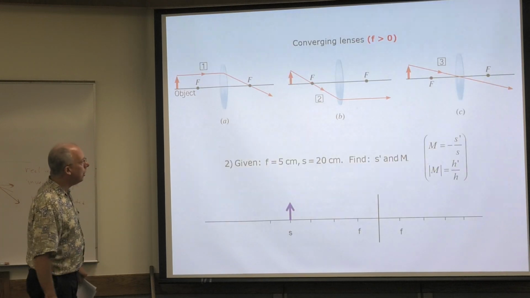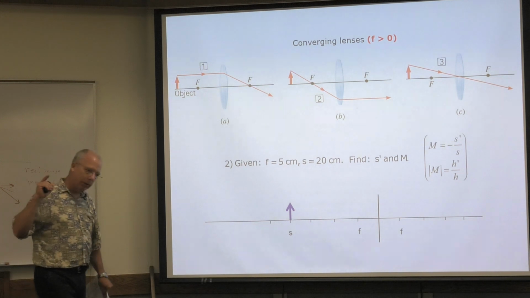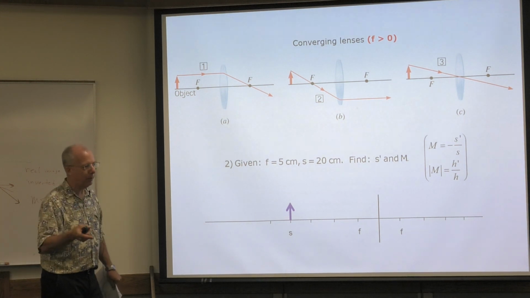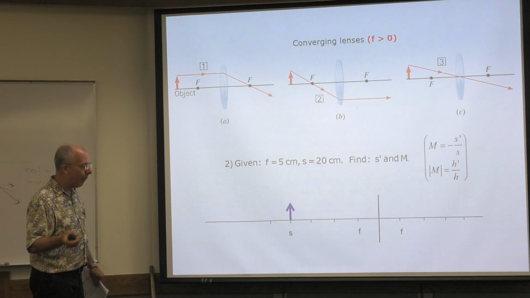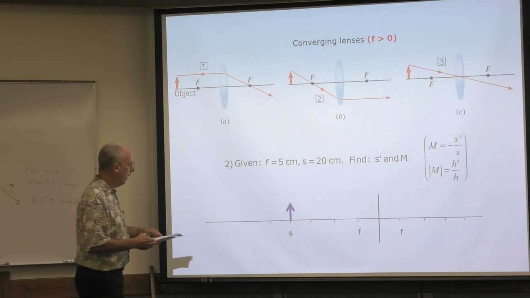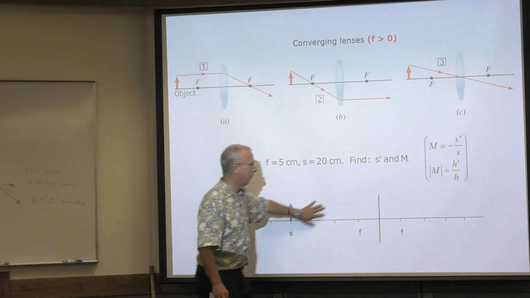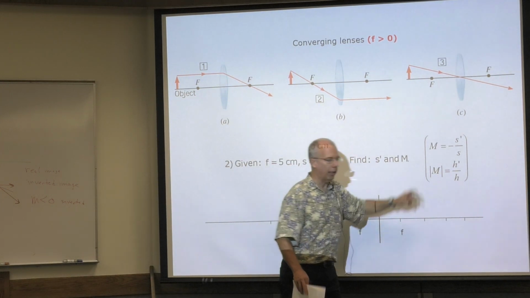How do you learn how to do this? By doing it yourself. So everybody, I assume you have some graph paper because I will have sent you an email before you reach this point in the video. Grab your graph paper and draw the ray tracing for this problem. And find S prime and also find the magnification.